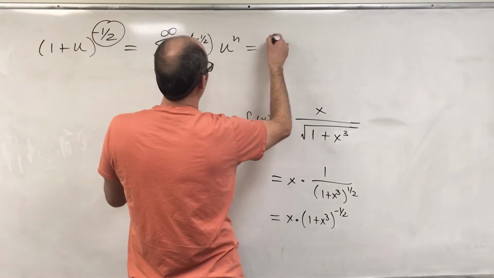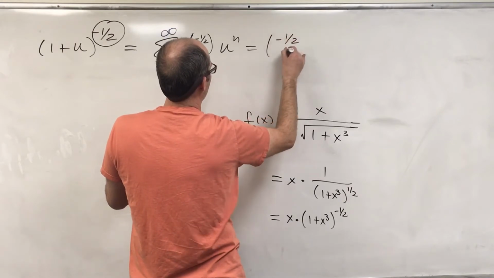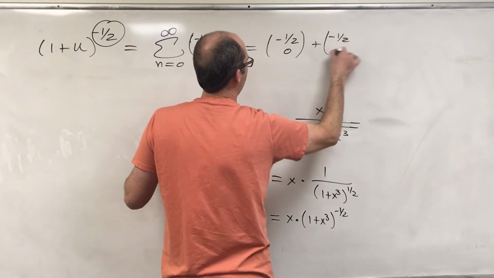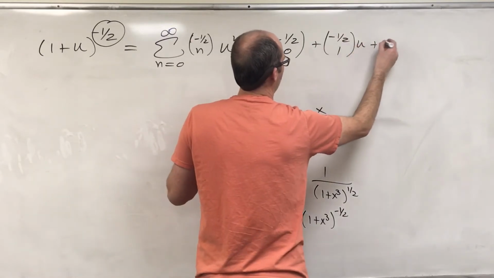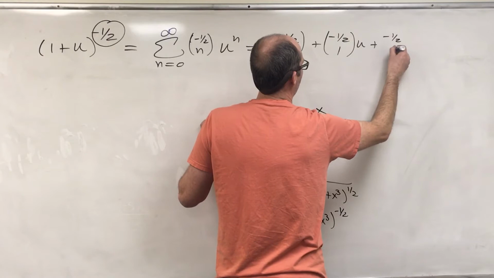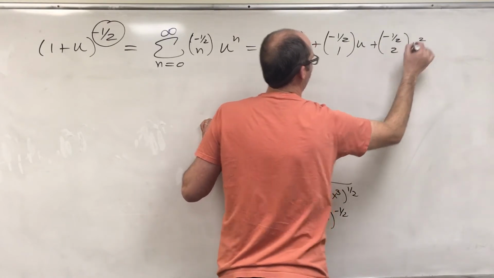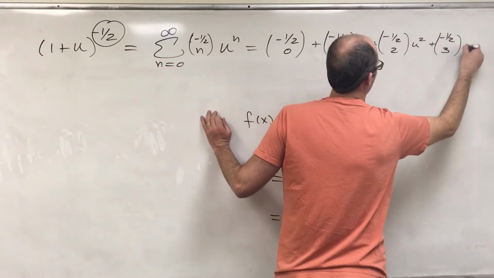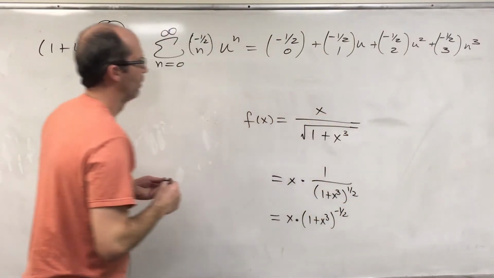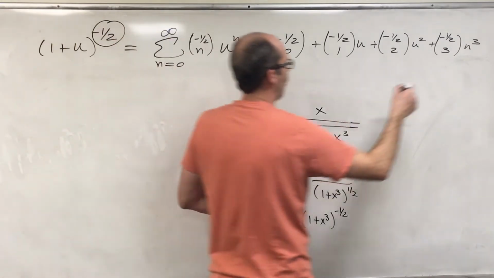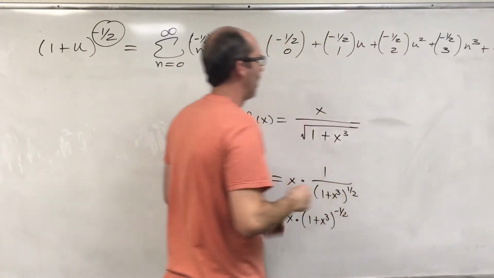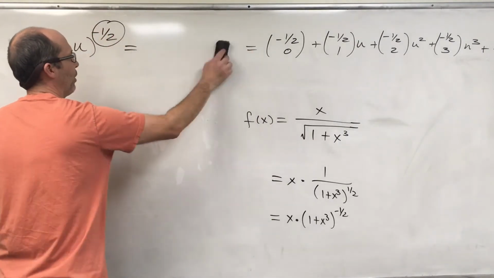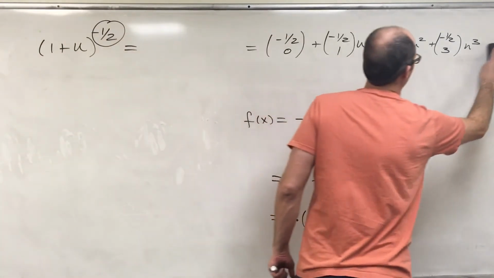So we have negative 1/2 choose 0, plus negative 1/2 choose 1, u, plus negative 1/2 choose 2, u squared, plus negative 1/2 choose 3, u cubed. And remember, this thing does go on forever, but because we're finding T3, we're just going to stop at u to the third.